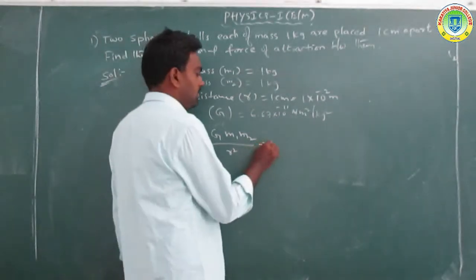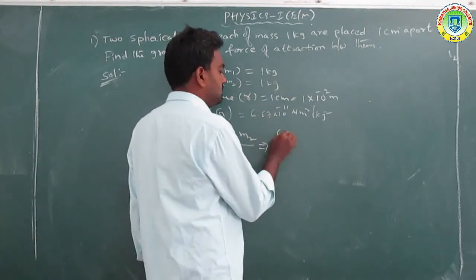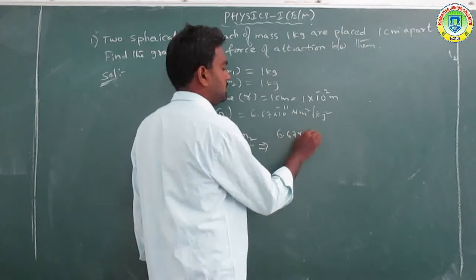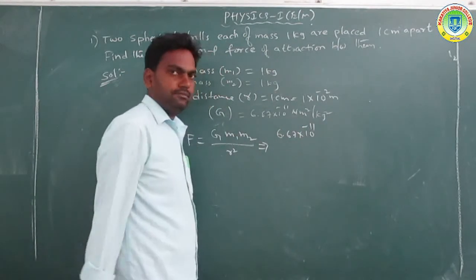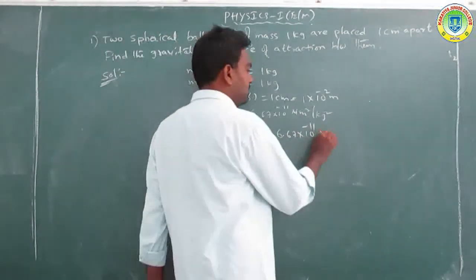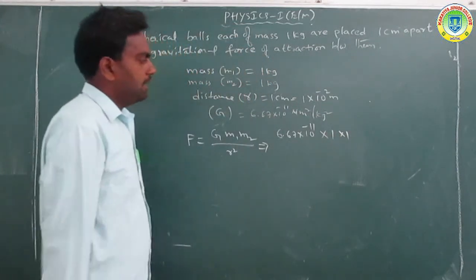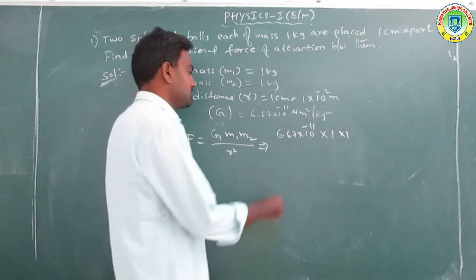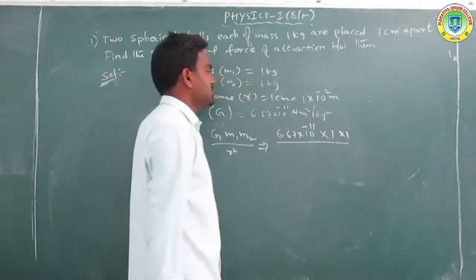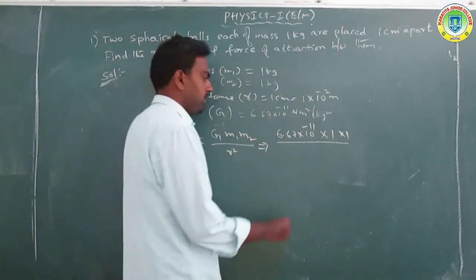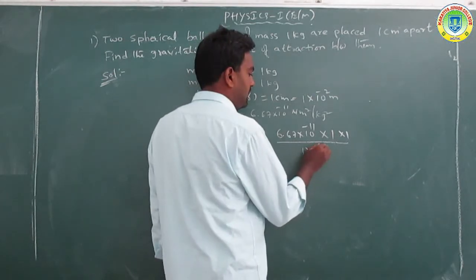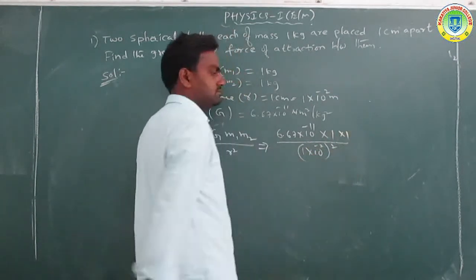So F equals 6.67 into 10 to the power of minus 11 into m1, which is 1 kg, and m2, which is also 1 kg, by r square, where r is the distance, 1 into 10 to the power of minus 2 whole square.